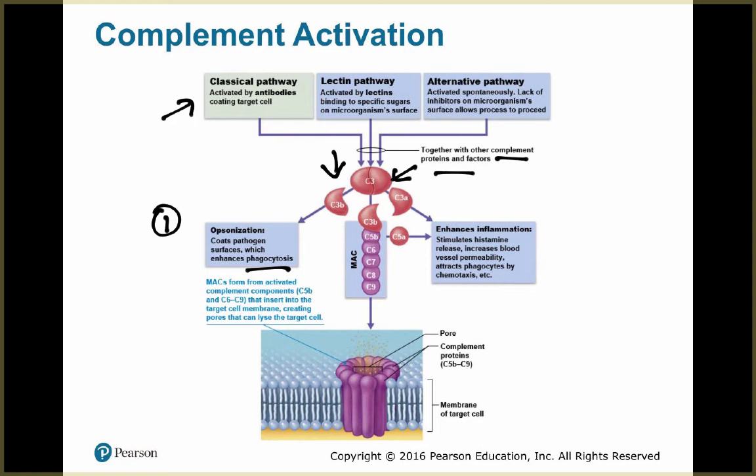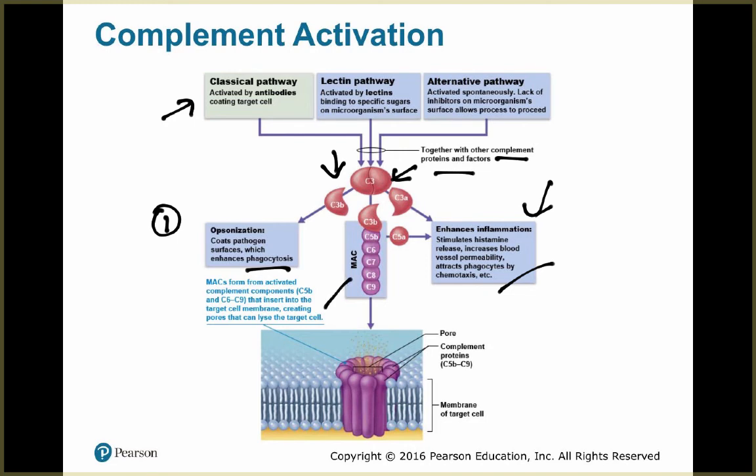The other is enhanced inflammation. It can help to stimulate histamine release, increase blood vessel permeability, and attract phagocytes by chemotaxis. All of these processes we've talked about recently, right? And so the activation of complement can cause an increase in inflammation.